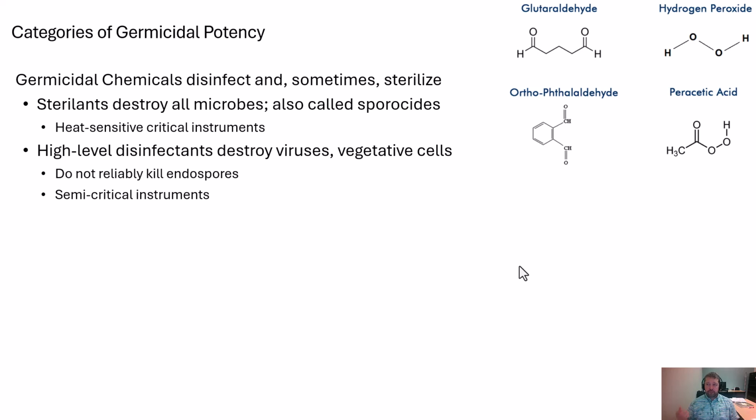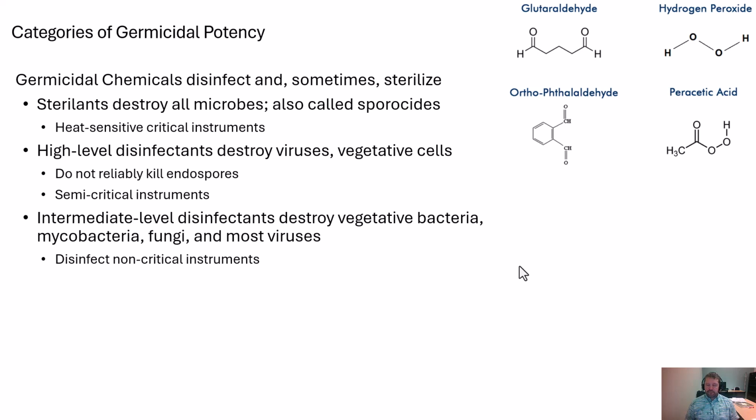Sometimes they're safe. Hydrogen peroxide is one of those that is safe, and we'll get back to hydrogen peroxide and why it's safe. But often these high-level disinfectants are good for semi-critical instruments, but they don't do a reliable job on endospores. That's what makes them not a sterilant material.